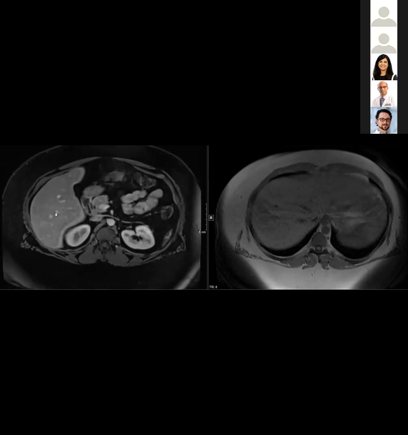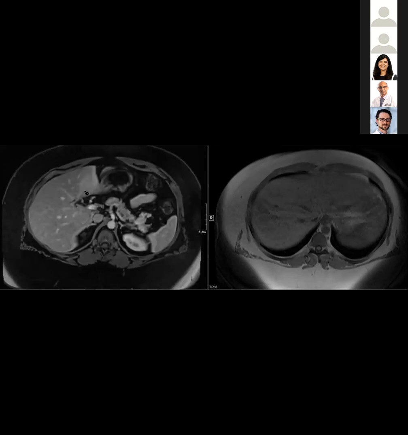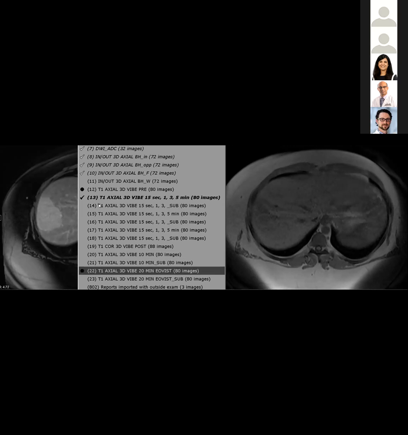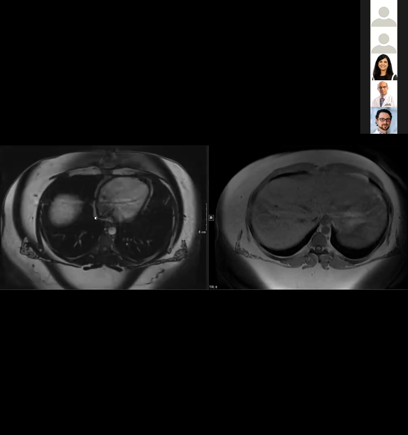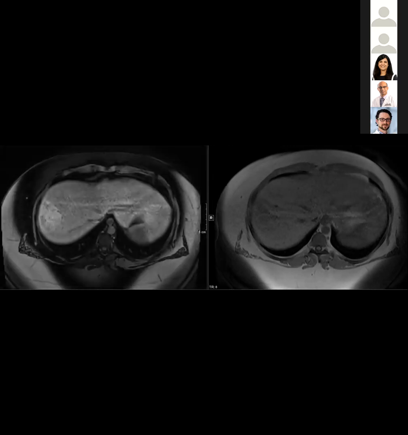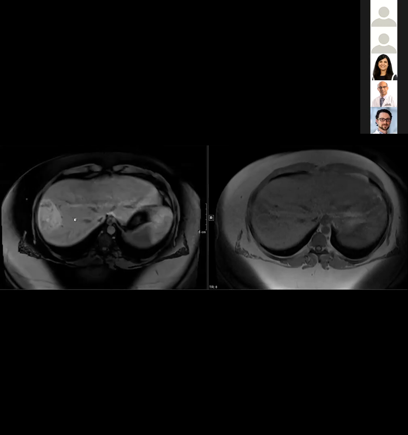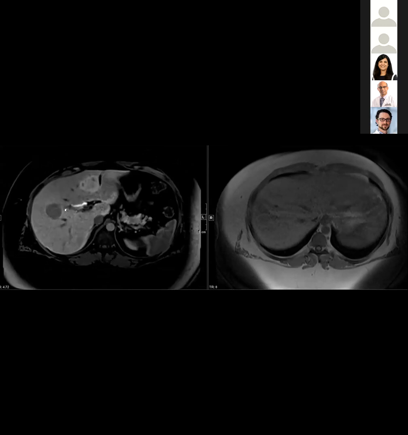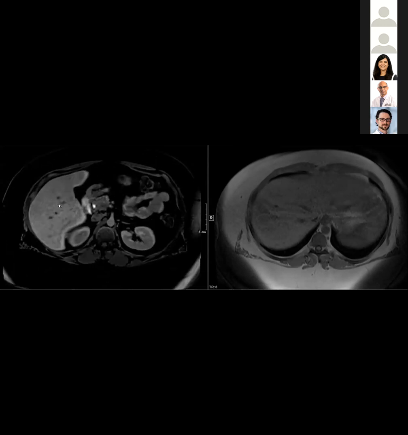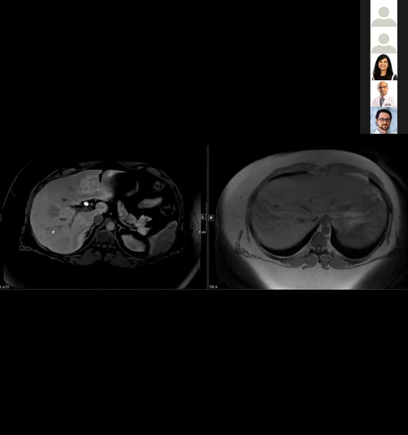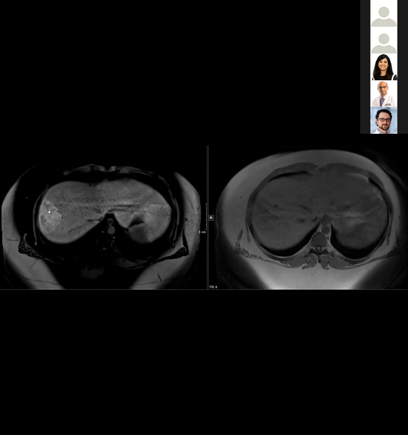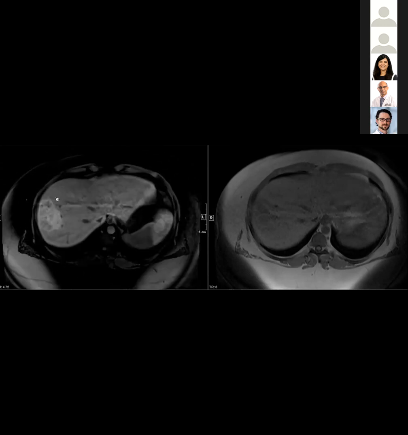Notice that this one lesion kind of looks slightly different from others. And just to show you what it looks like on hepatobiliary phase, you can see that in general, the liver is not as bright, let's say, as your cases, right? So there's probably some degree of steatohepatitis on top of this. And you can see most of the lesions do retain contrast. So they're not perfectly homogeneous. They are slightly heterogeneous.